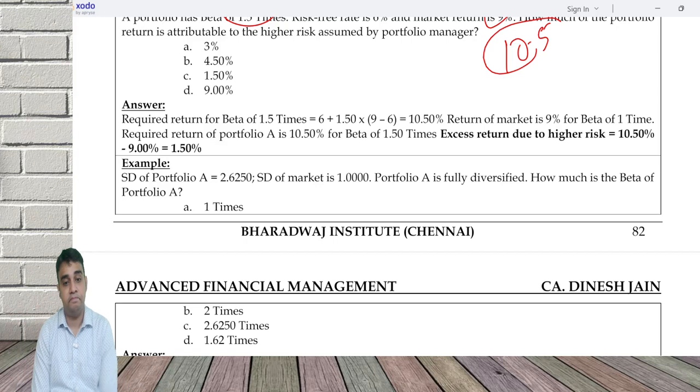Think and tell me. Most of the MCQs will enable you to revise the entire chapter. Think and let me know.